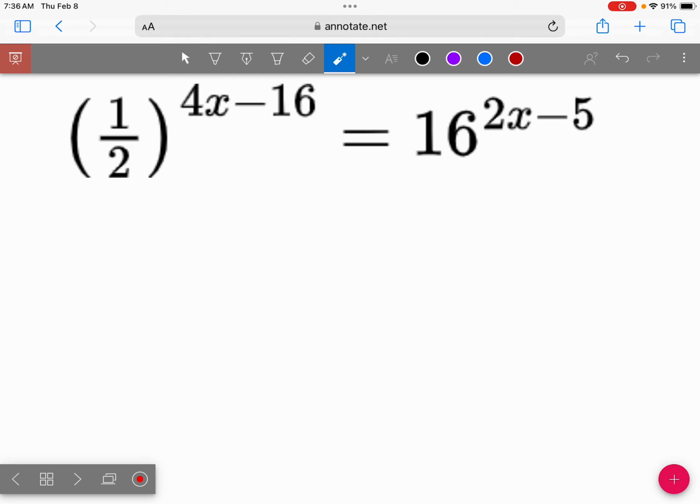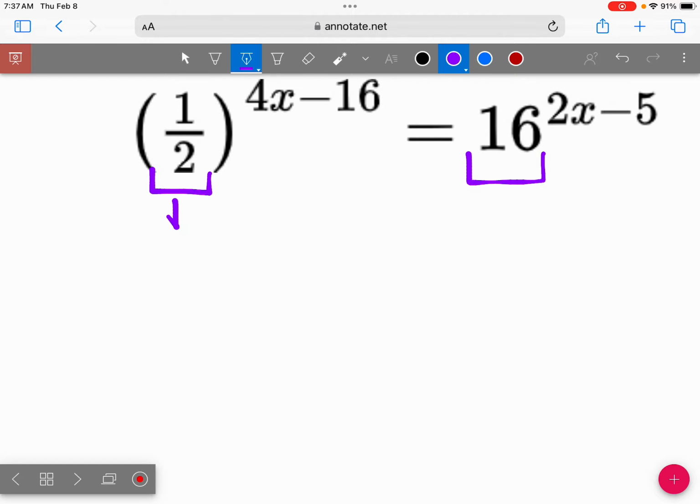What base can they both have? Got 1/2 and 16. What does it take to make something a fraction using an exponent? Remember? A negative. So I could rewrite 1/2 as 2 to the minus 1.